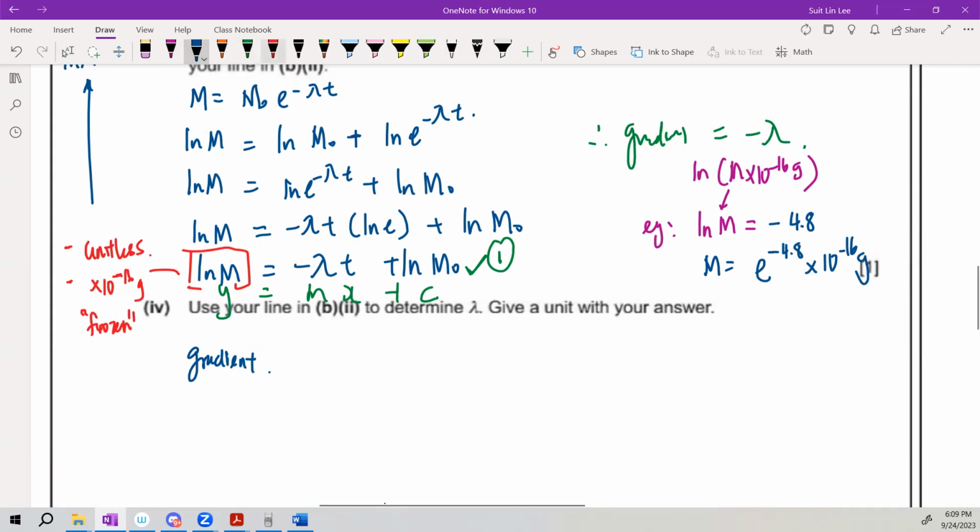So only when you anti-log, the unit gets unfrozen. And now you can press calculator if you want to. What is this? Negative 4.8. So now your m will be 8.22 or 8.23 times 10 to the power of negative 19.